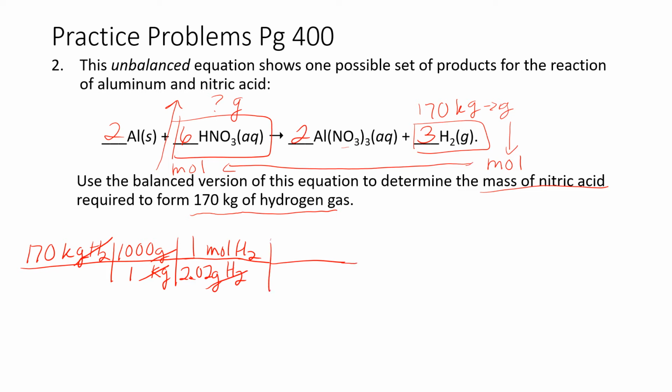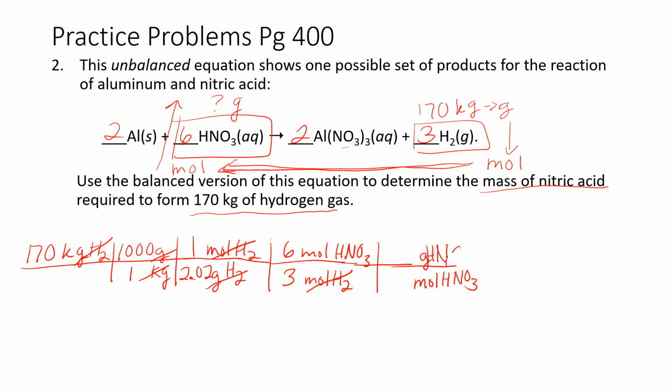Our next arrow goes from moles of one chemical to moles of the other. So we are going to change chemicals, go from moles of hydrogen to moles of nitric acid, HNO3. We're going to use our coefficients, 6 moles of HNO3 for every 3 moles of hydrogen. Cross out our moles of hydrogen. And now last thing, we want to change from moles of nitric acid to grams of nitric acid.